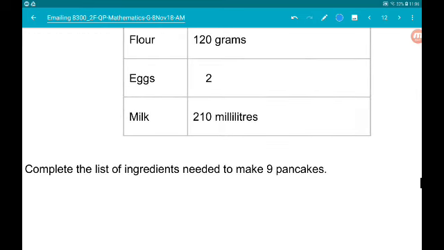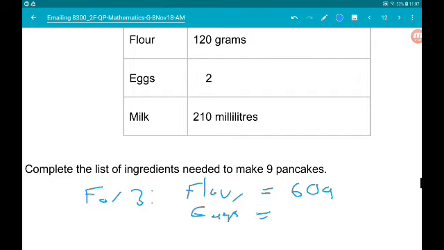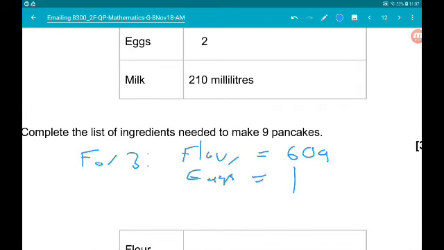So, for 3, we need 60 grams of flour, we need half of 2 eggs, which is 1 egg, and we need half of 210 mils of milk. So that's 105 mil.